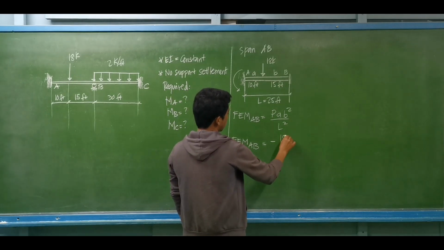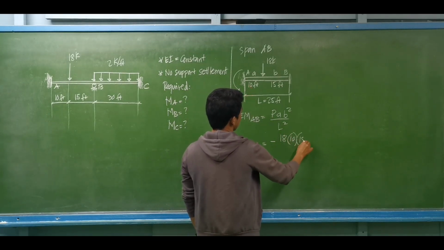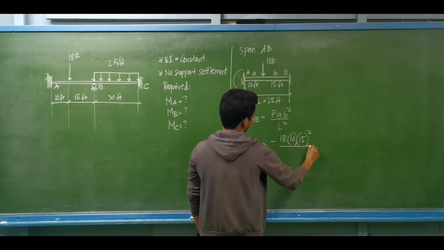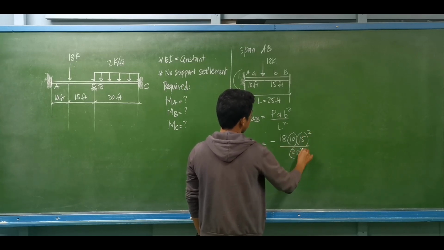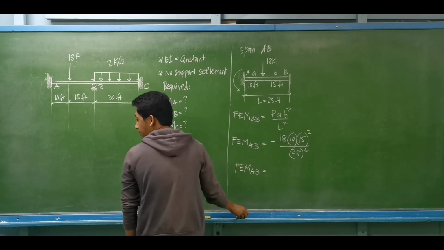So the load is 18 kips multiplied by 10 times 15 squared, divided by 25 squared.